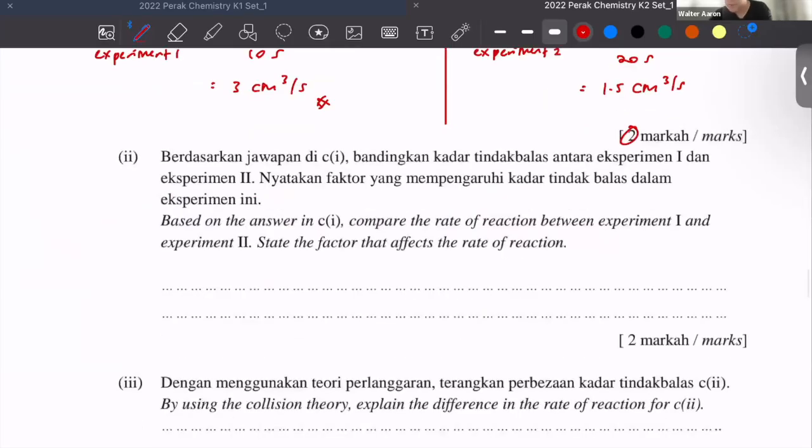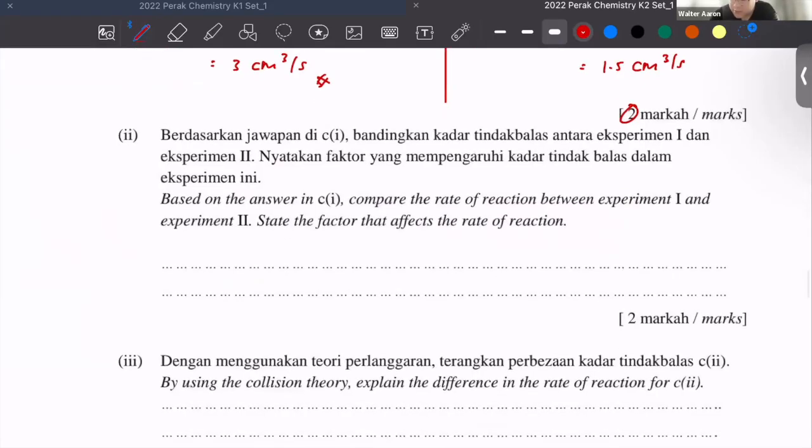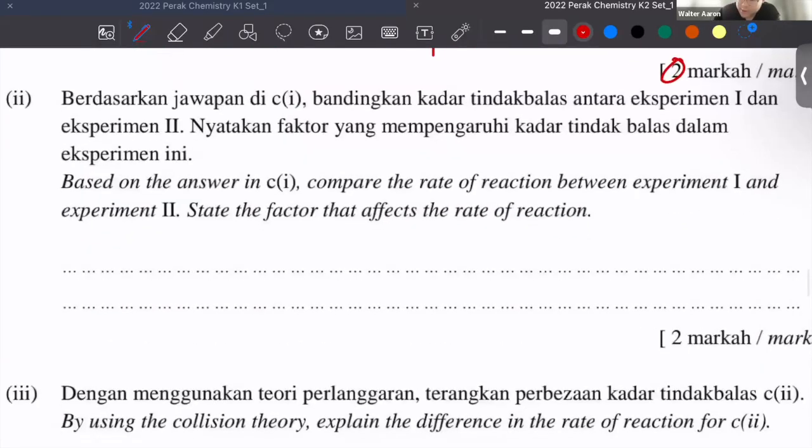Based on your answer, compare the rate of reaction between 1 and 2, and state the factor that affects the rate of reaction. So in this case here it will be concentration. You see over here that experiment 1 has a higher rate compared to 2.